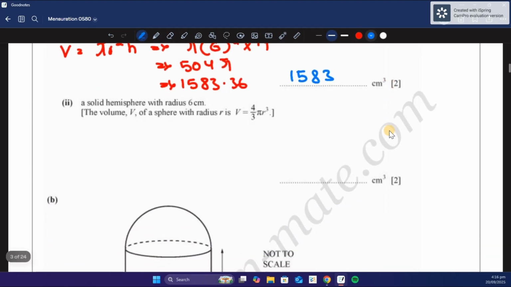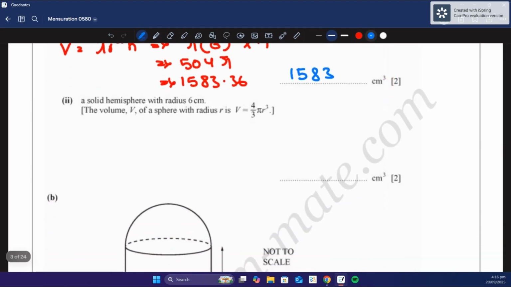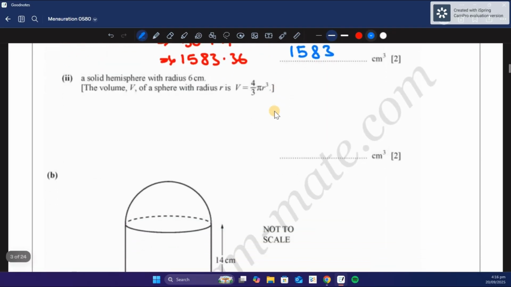Alright, moving forward, a solid hemisphere has a radius 6. Okay, the volume V of the sphere with a radius R is V is equal to 4 over 3 pi R cubed. Alright, so we need to find the volume. The volume of a sphere is 4 by 3 pi R cubed, and we need to find the volume of a solid hemisphere.